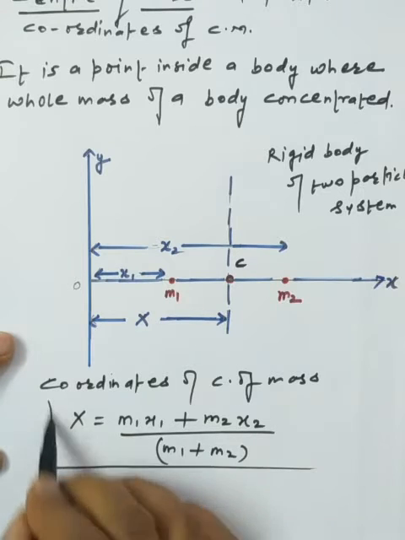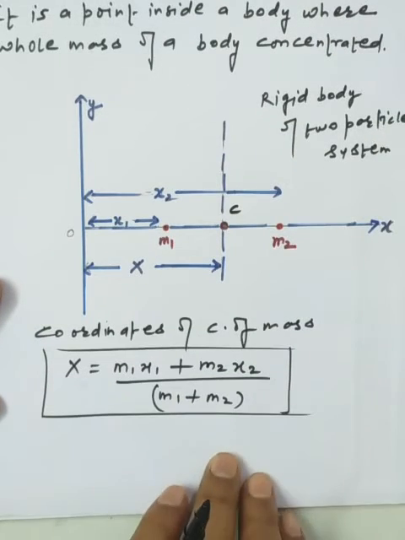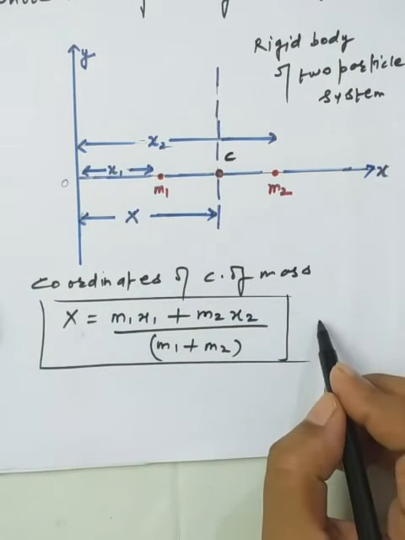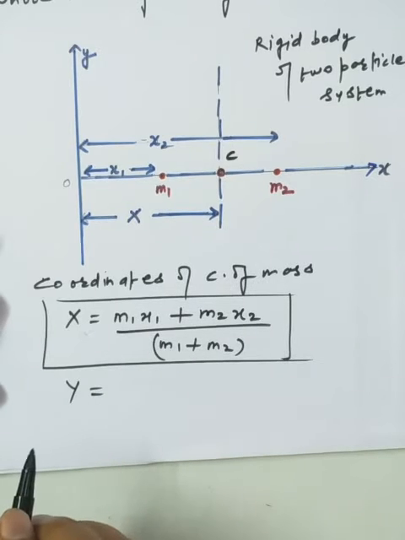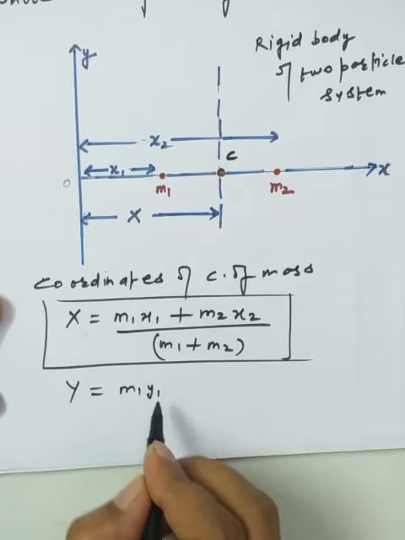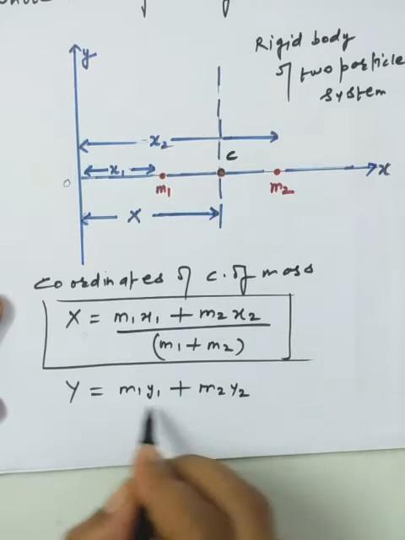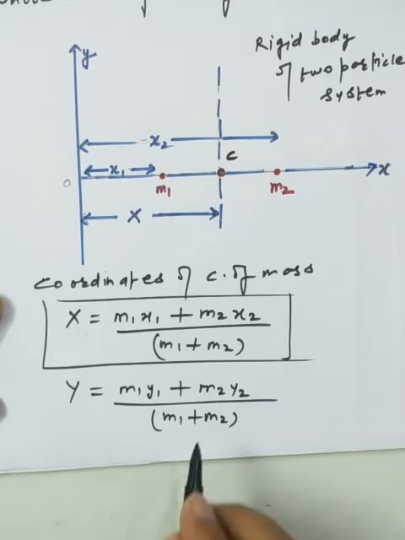Suppose we want to write the y coordinate. So what can we write here? This is the x coordinate we have. For the y coordinate of the two particle system along the y axis, it is m1 y1 plus m2 y2 divided by m1 plus m2.